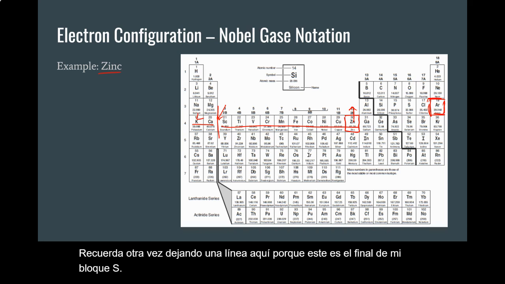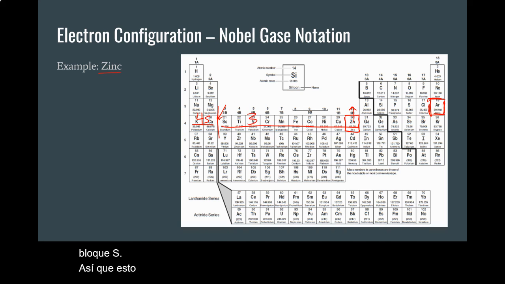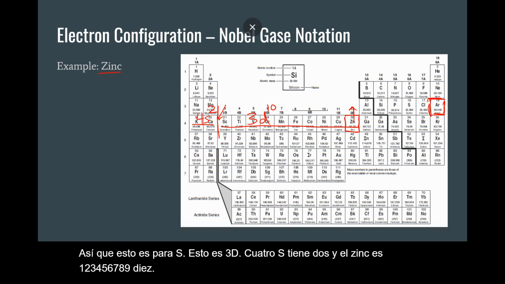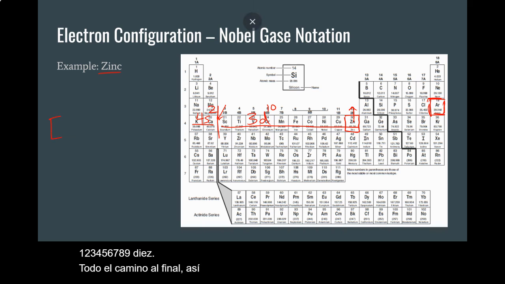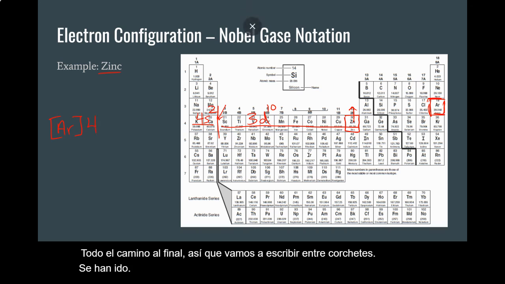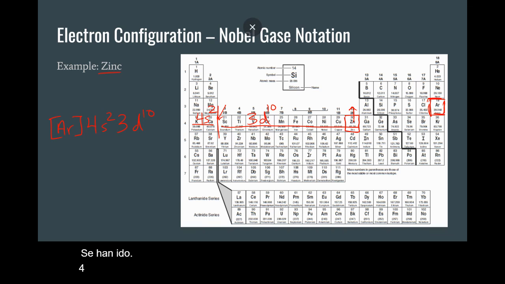So this is 4s, this is 3d. 4s has 2, and zinc is 1, 2, 3, 4, 5, 6, 7, 8, 9, 10, all the way at the end. So we're going to write in brackets [Ar], 4s2, 3d10.